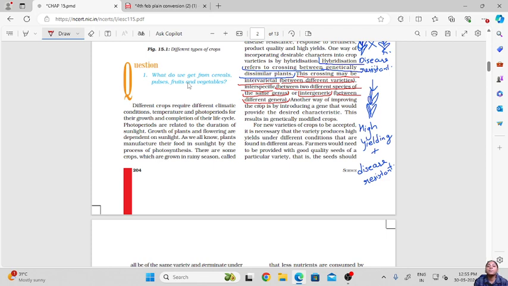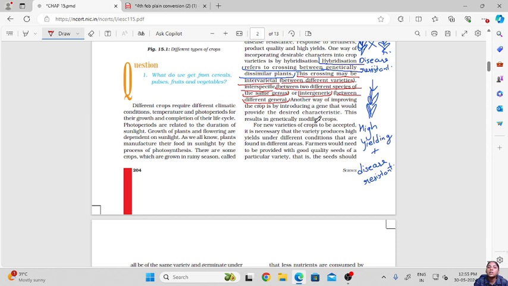First one is the intervarietal, that is between two different varieties. Second is interspecific, that is between two different species of the same genus. And the third is intergeneric, that is between two different genera.